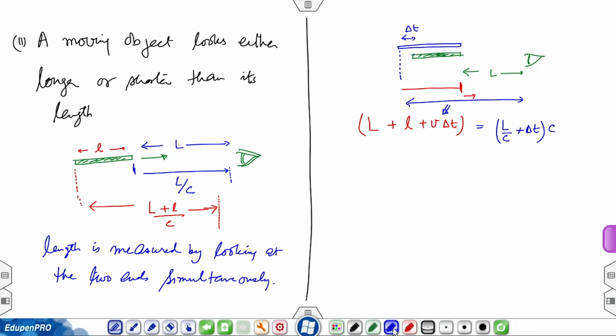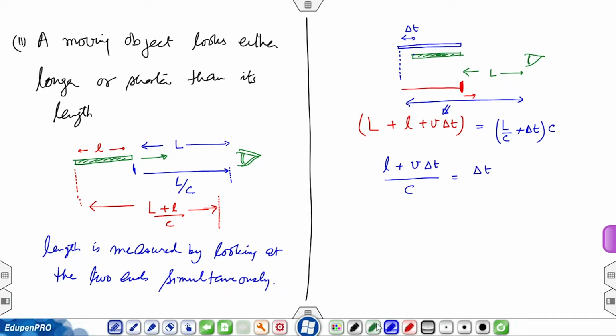I can also look at it from another point of view. We also said that the light should reach the front end when the pulse from the front end leaves, then we should also have that (L plus v delta t) over c is equal to delta t, that is, the time taken to reach the front end should be equal to delta t.